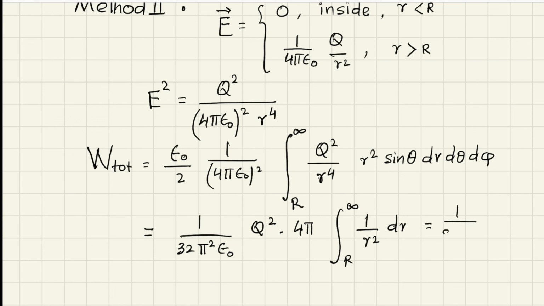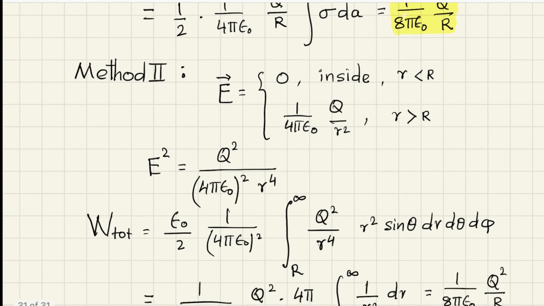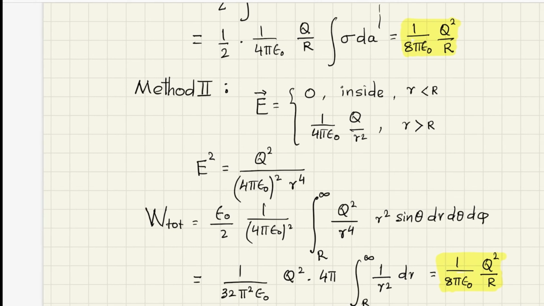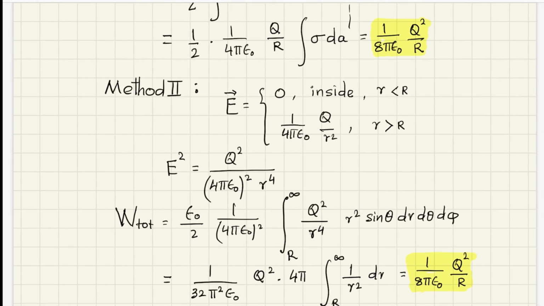So that again gives me 1 by 8 pi epsilon naught Q square by R. Is that the same as what we obtained here? Absolutely. So the difference between the two methods does not come up in the case of continuous charges, because creating differential charges doesn't cost energy at that time. So you get the same answer, and you could even use partially some volume and some surface methods, and come to the same conclusion.